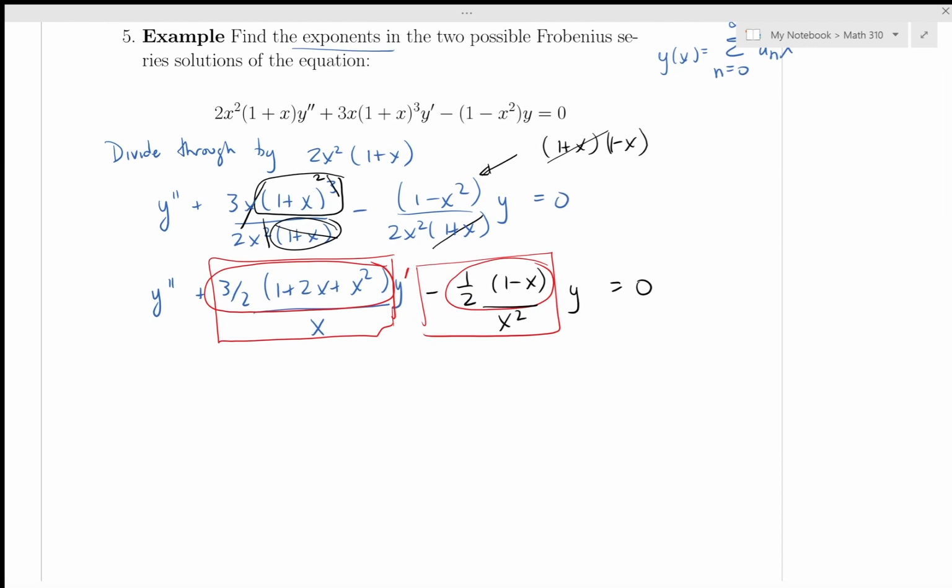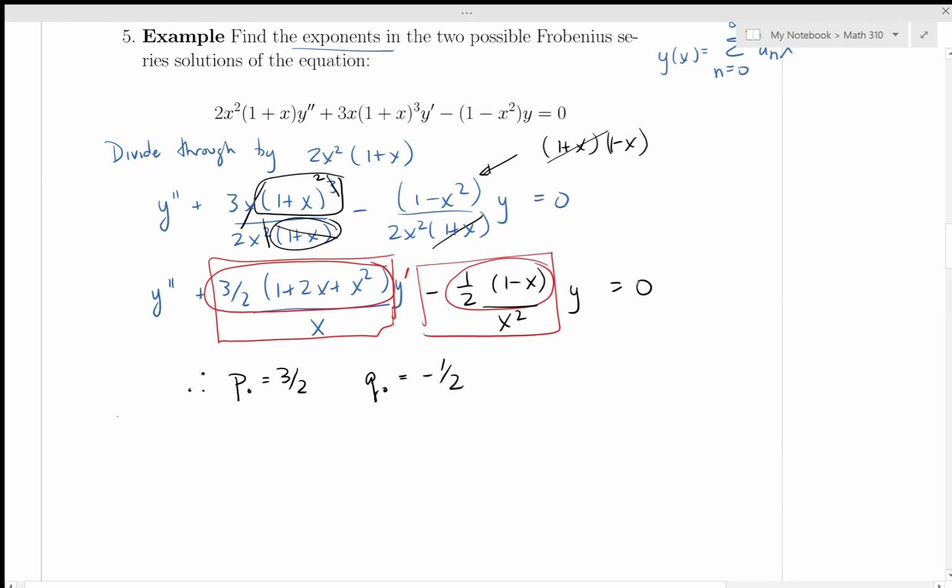I look at the leading coefficient, the A0 coefficient on the power series, and I can see now that I've manipulated this that P0 is equal to 3/2 and Q0 is equal to -1/2. I'm looking at the power series of both of those numerators and identifying the constant term.